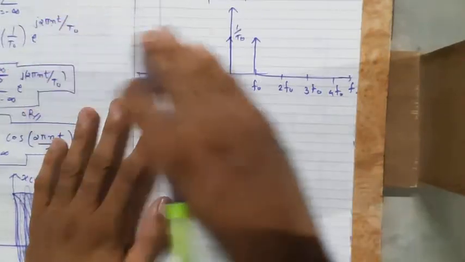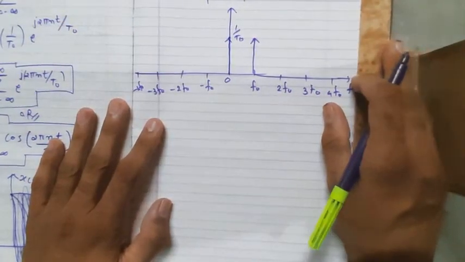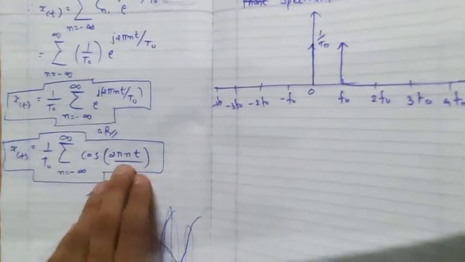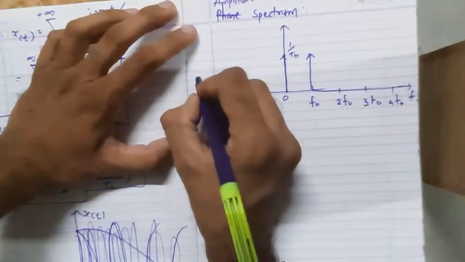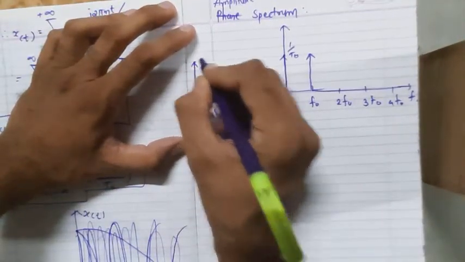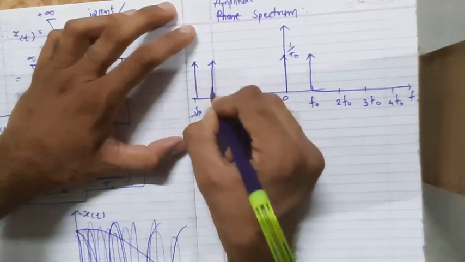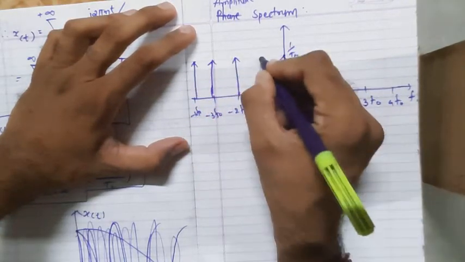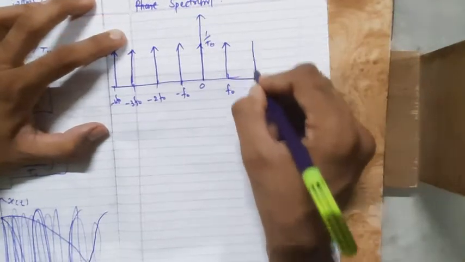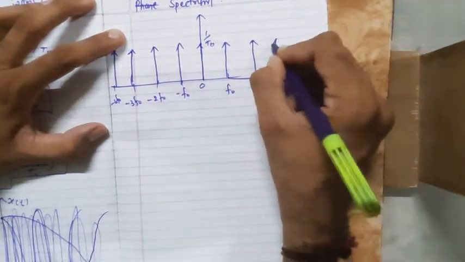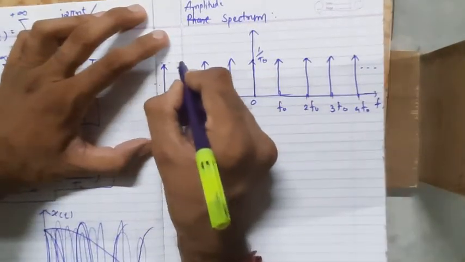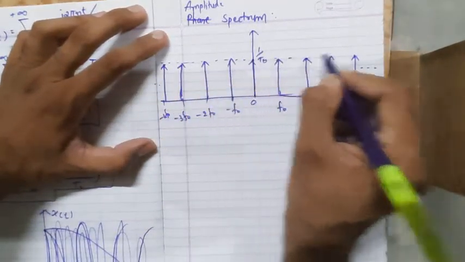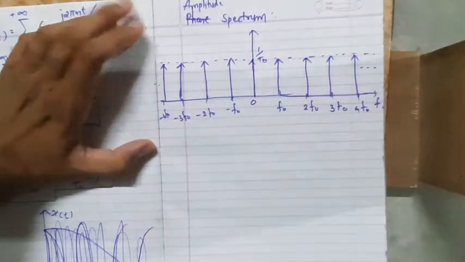So c of n will remain constant all over, and just add all those sequential frequencies from negative infinity to positive infinity. So I am going to just plot that because now it has become very easy. And all have the same amplitude, which is 1 by T0.